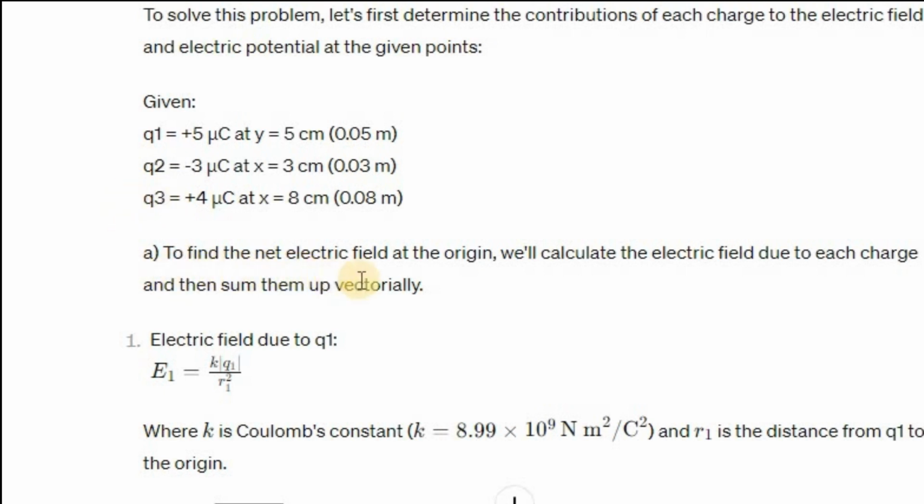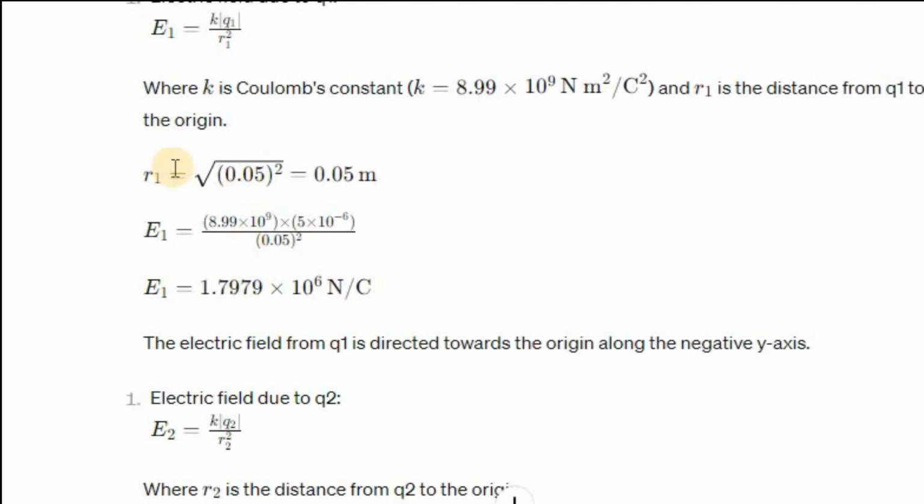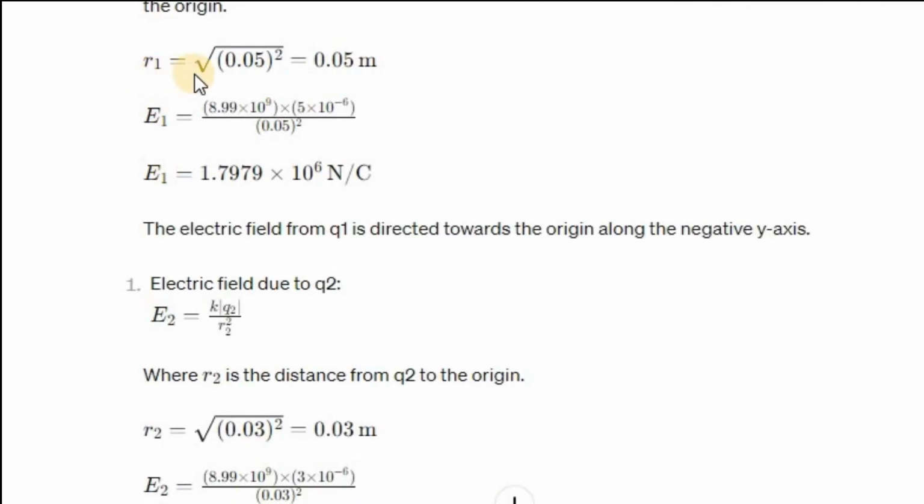A. To find the net electric field at the origin, we calculate the electric field due to each charge and then sum them up. 1. Electric field due to Q1: E1 equals k Q1 over R1 squared, where k is the Coulomb constant and R1 is the distance from Q1 to the origin. R1 equals the square root of 0.05 squared, equal to 0.05.